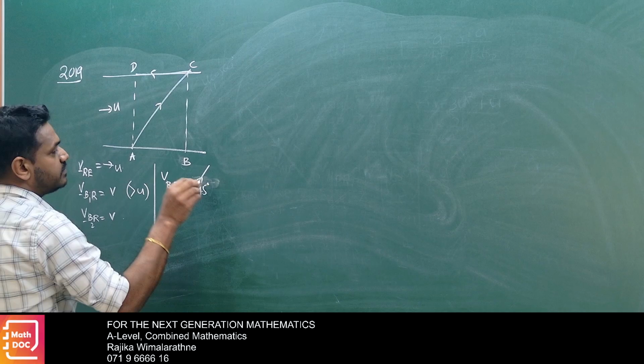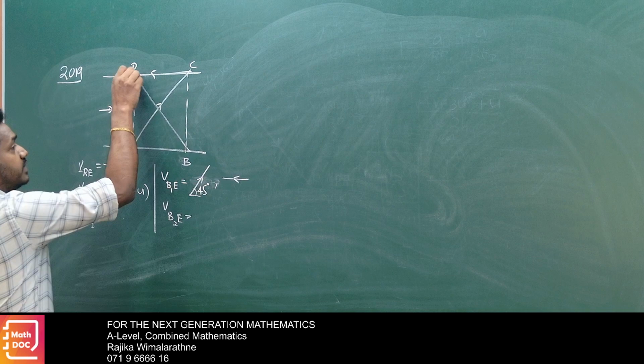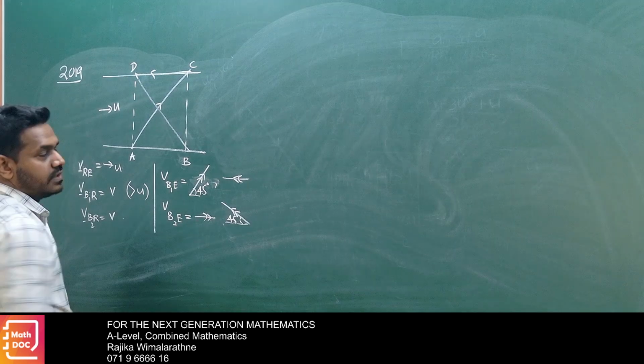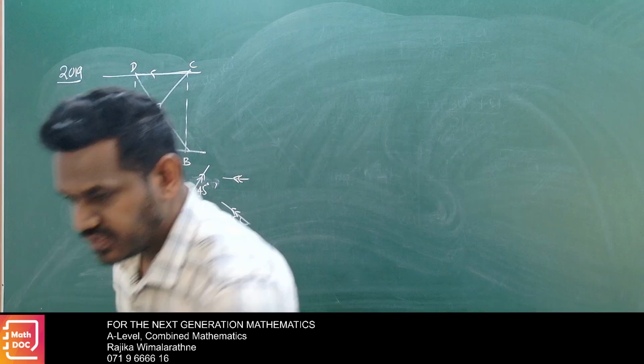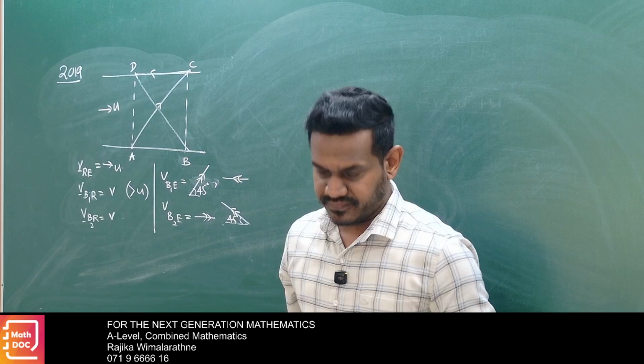B2 with respect to Earth goes A to B, B to D. Likewise, altogether there are four cases. Now B1, B2 velocities are the same, no? V.